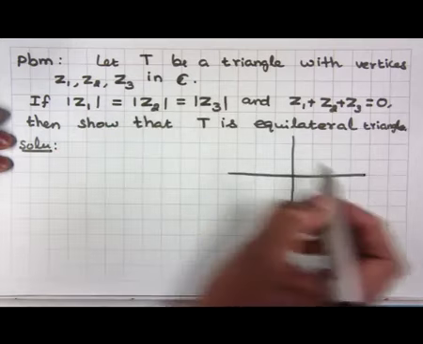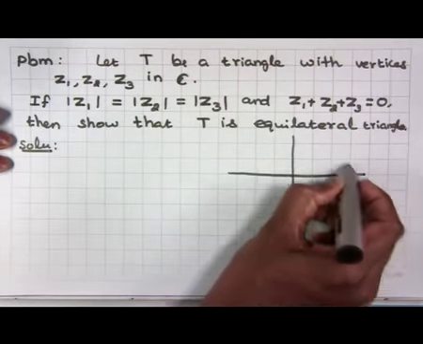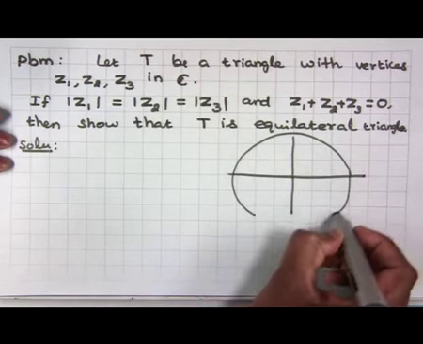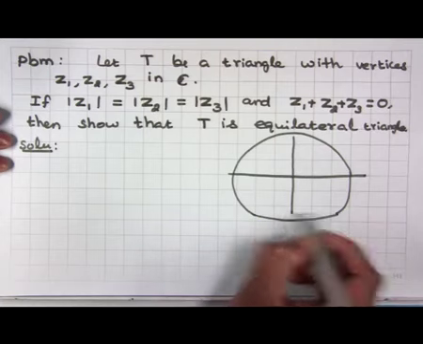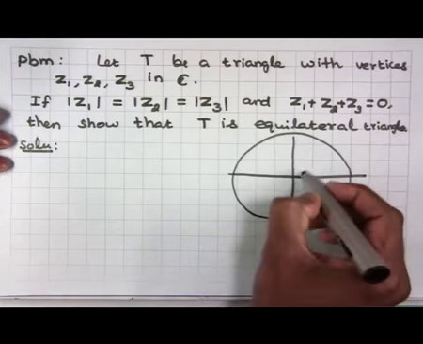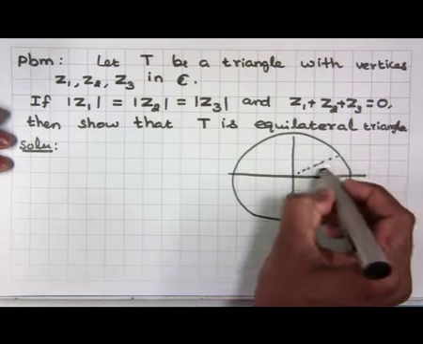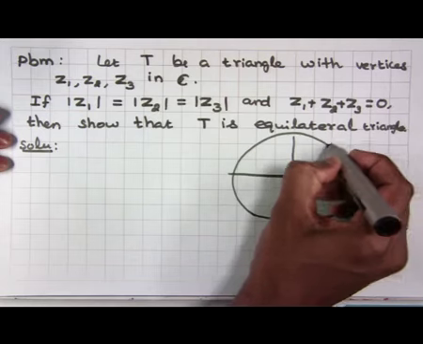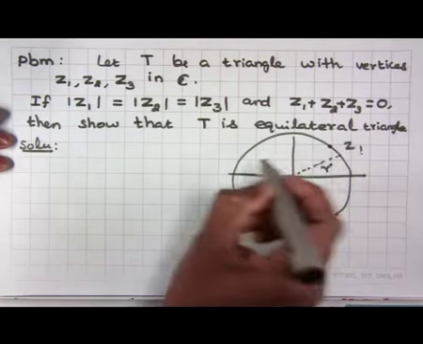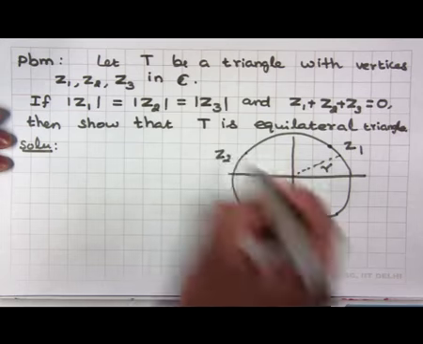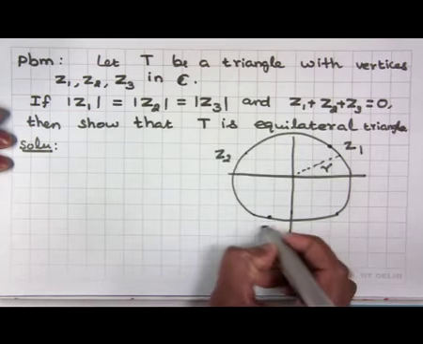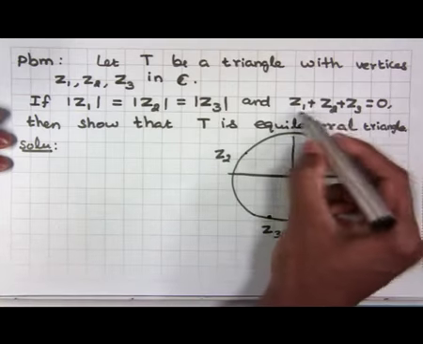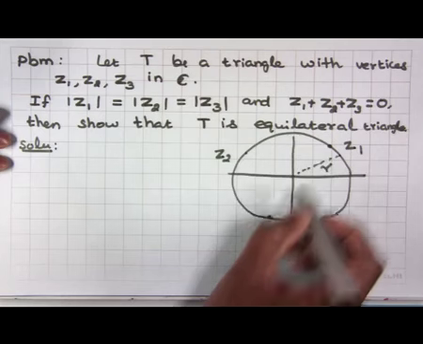Since their moduli are equal, they lie on a circle with some radius, we can call it R. So, they are distributed on this circle, Z1, Z2, Z3. What is given to us is that their sum is 0.